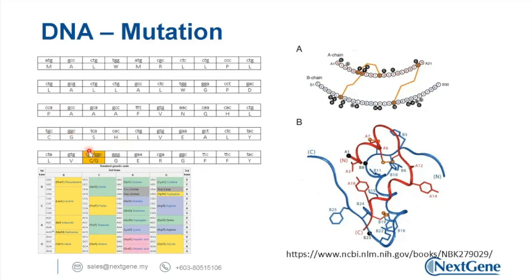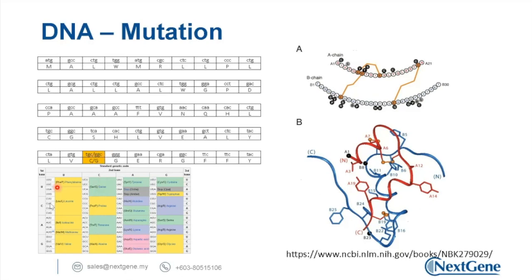Let's say, for example, there is a mutation at this particular location. Originally, let's say the sequence in the insulin gene is TGC, and there is a single nucleotide polymorphism. The T base here has been mutated into a G. So therefore, instead of TGC, now we have a mutated GGC.